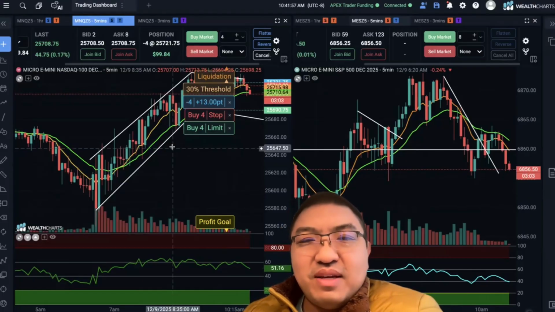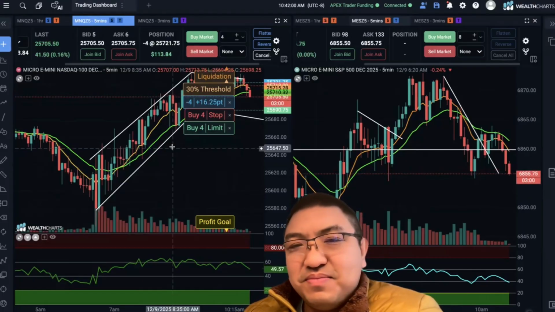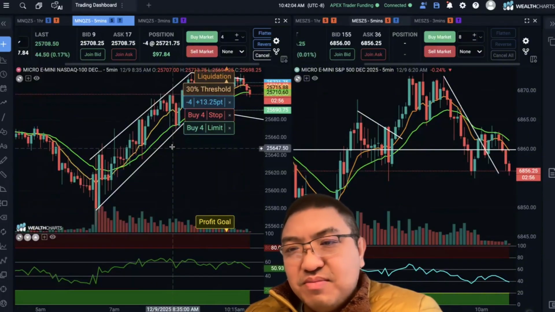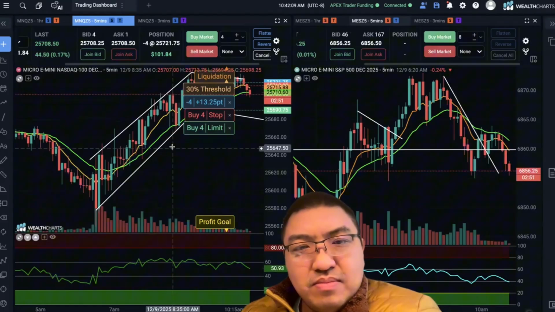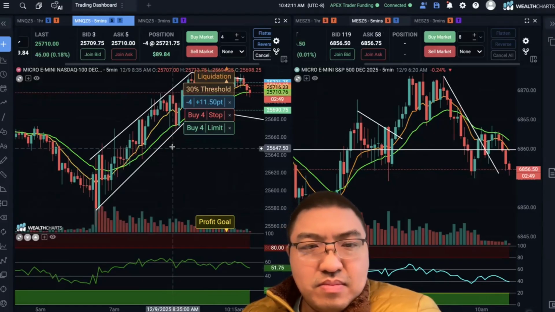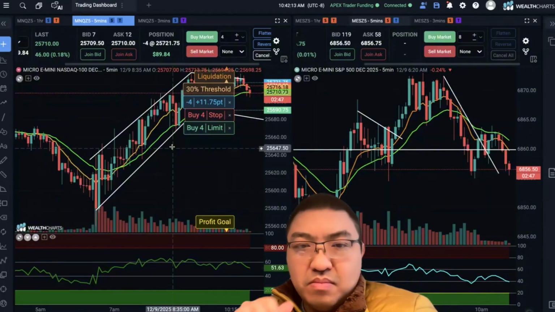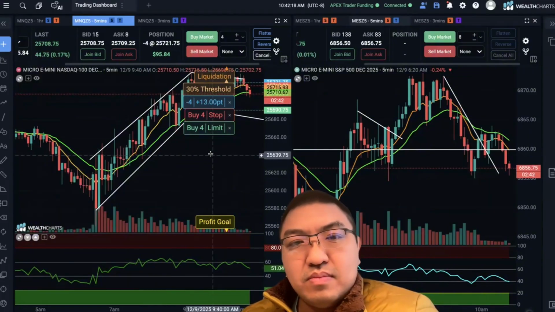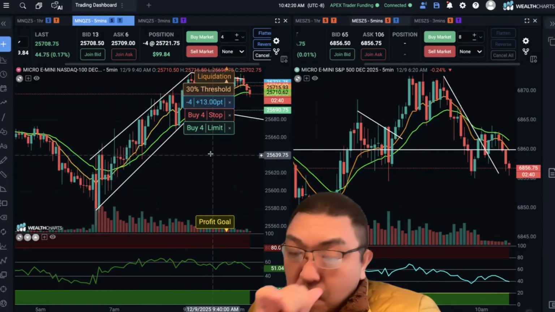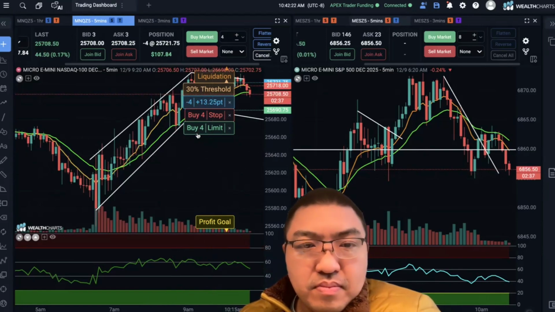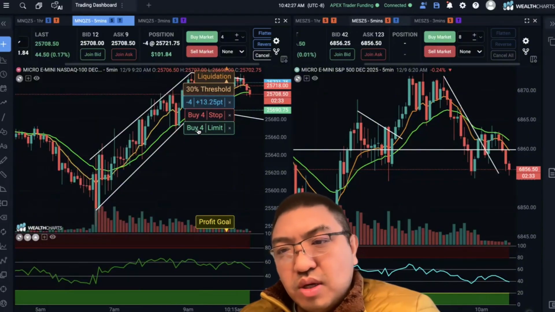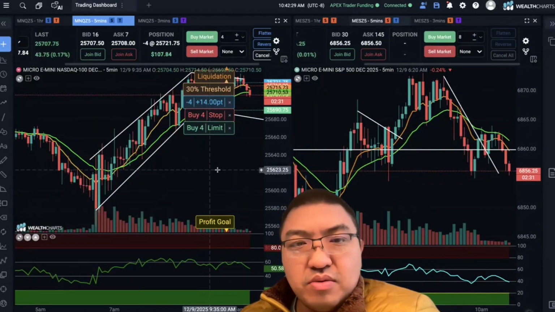More or less, we are making some profit. Oh, it breaks out. Breaks out. Shoulder, head, shoulder. Let's see, very close.